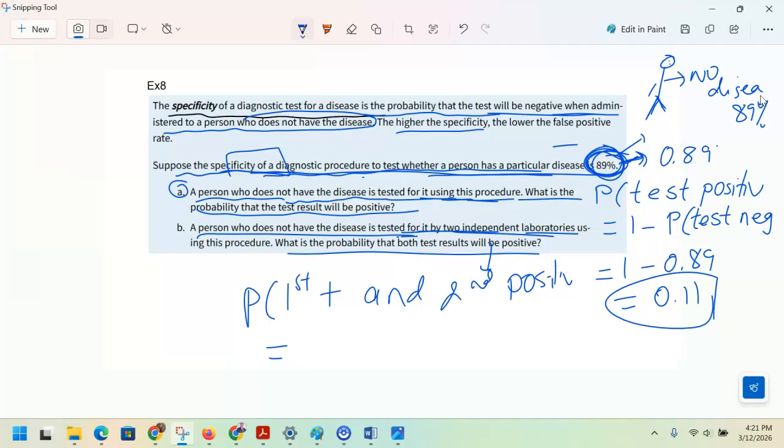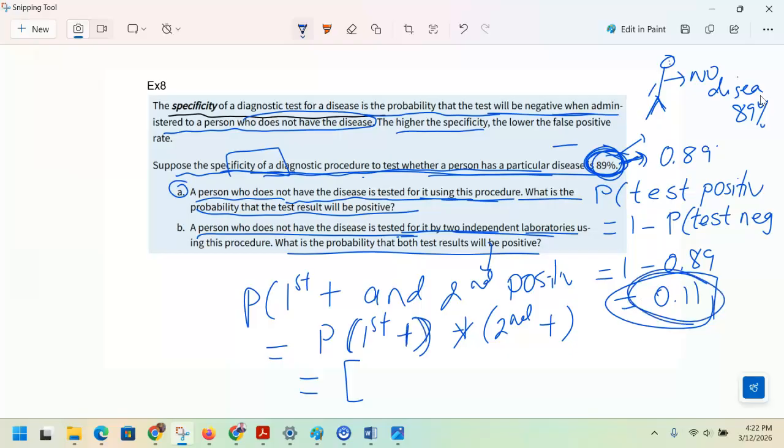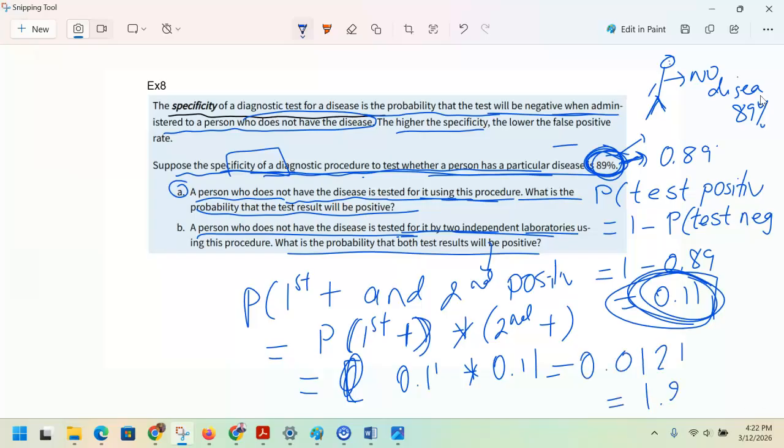Because there are two independent clinics, we multiply. We have already found that a positive test is 0.11, so we write 0.11 times 0.11. If you multiply, you get 0.0121, which is 1.21%. So I hope that helps.